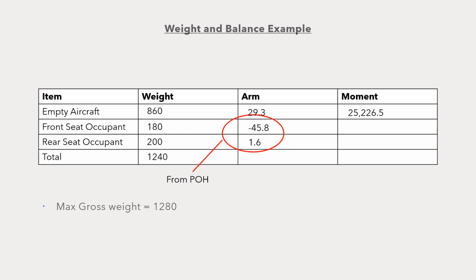The manufacturer decides what they want to use as the datum, and as long as it's consistent, it doesn't really matter what they choose as the datum, but it has to be the same thing used throughout the whole calculation, and the same thing for the acceptables have to be relative to the same datum.